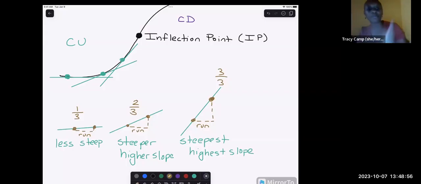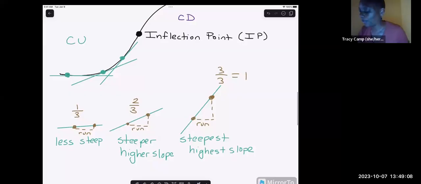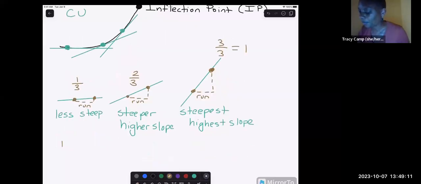The numbers are bigger, right? 3/3, which is 1, is bigger than 2/3, which is bigger than 1/3. And so basically, that's a rule that the steeper the line, the higher the absolute value of the slope.